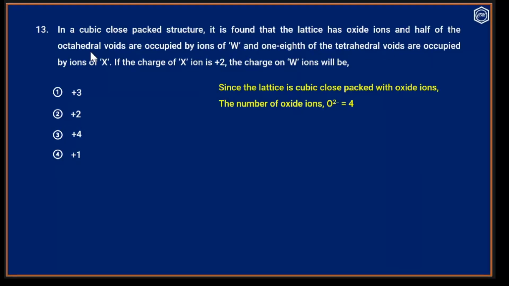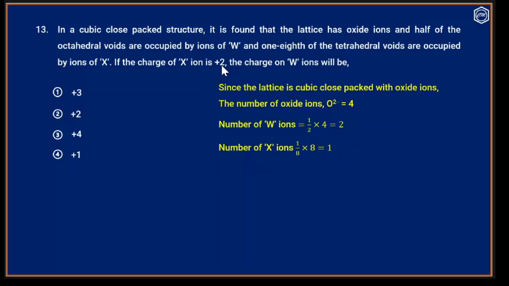Half of the octahedral voids are occupied by W. Since it is cubic close packed, the effective number of atoms is 4, so the number of octahedral voids will be 4. So the number of W ions will be 4 into half, that is 2. There must be 8 tetrahedral voids and 1/8 of them are occupied by X, so the number of X ions will be 1 by 8 into 8 equals 1.